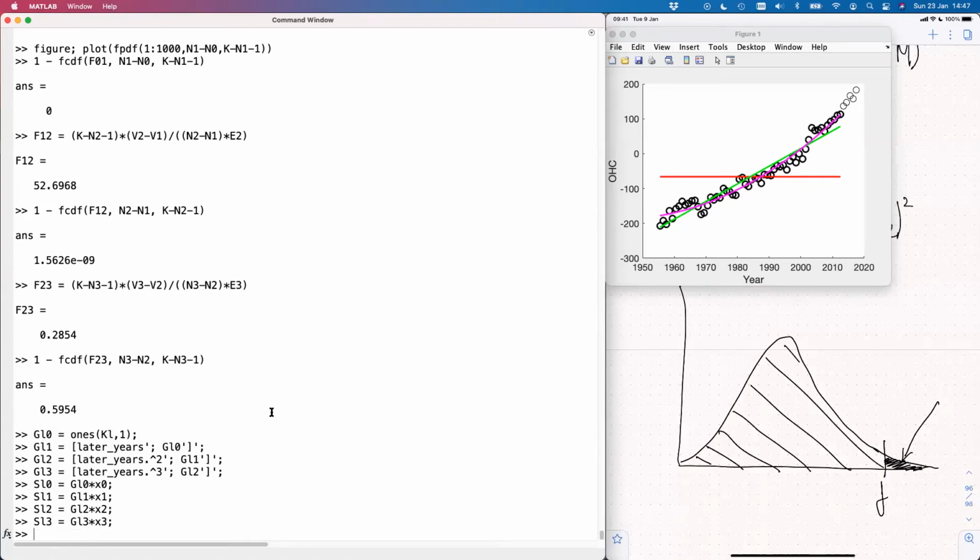And now, having computed those predictions, I'm going to add them to our plot so that we can see how well they approximate those measurements that weren't used in the fitting. So let's start with our constant model, M0. It's in red, wasn't it?